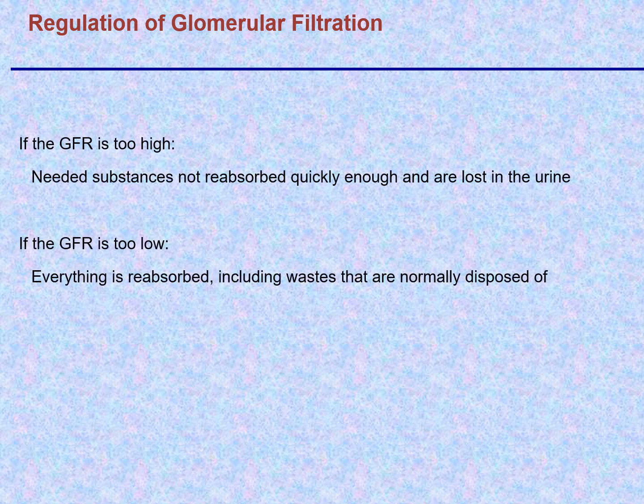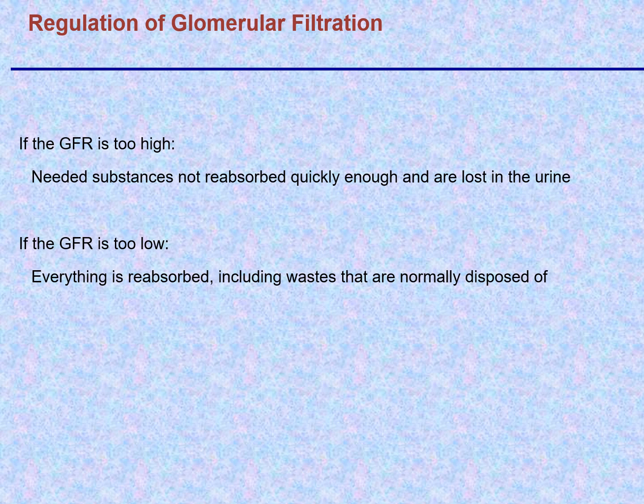If glomerular filtration rate is too high, then it's possible for needed, required molecules that get into the filtrate to not be reabsorbed quickly enough, and they therefore get washed out or lost in the urine. Remember that a lot more filtrate is formed than actually gets out as urine.